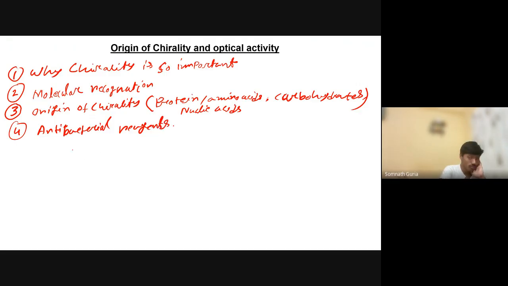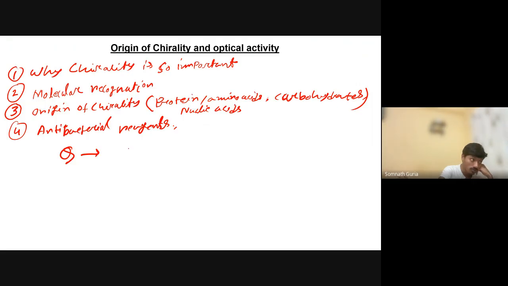Okay, so far we discussed those things. Now the question is, what is the origin of chirality? How does chirality come into our Earth atmosphere? My major question is, from where does this chirality come into the picture?